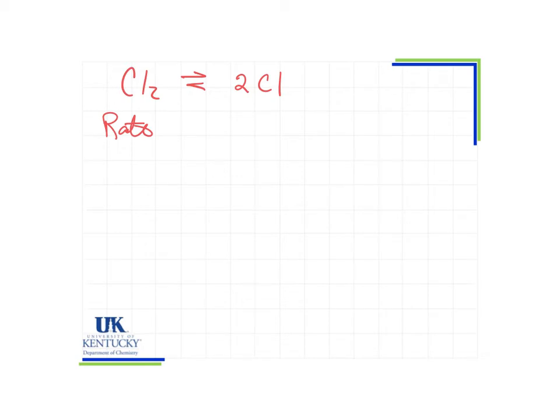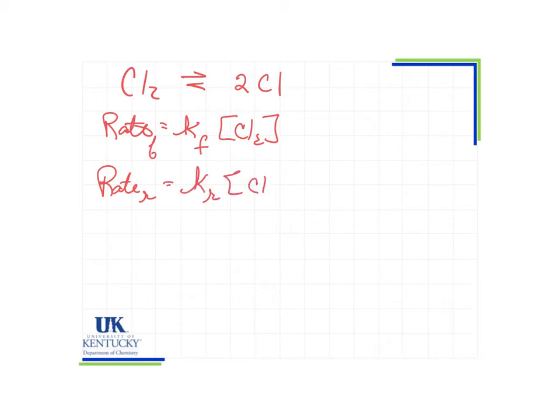So the rate of the forward reaction is rate is equal to kf, for forward, times Cl2, and the rate of the reverse reaction, and let's put a little r there, is equal to the k of that reverse reaction times Cl, but we're squaring it, so we're considering the reaction in reverse. Now, if it's at equilibrium, then the rate of the forward reaction has to be equal to the rate of the reverse reaction.